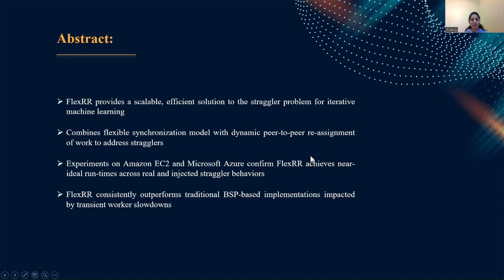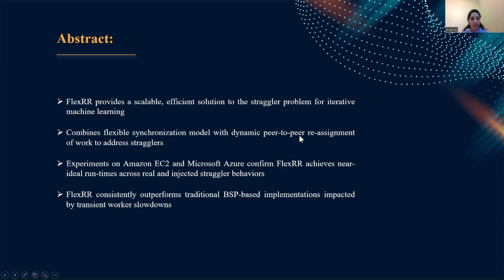Flexible synchronization model means instead of relying on rigid synchronization points, FlexRR adapts its synchronization process dynamically. This flexibility helps mitigate the impact of stragglers by allowing the system to adjust its synchronization strategy based on the current state of computation.